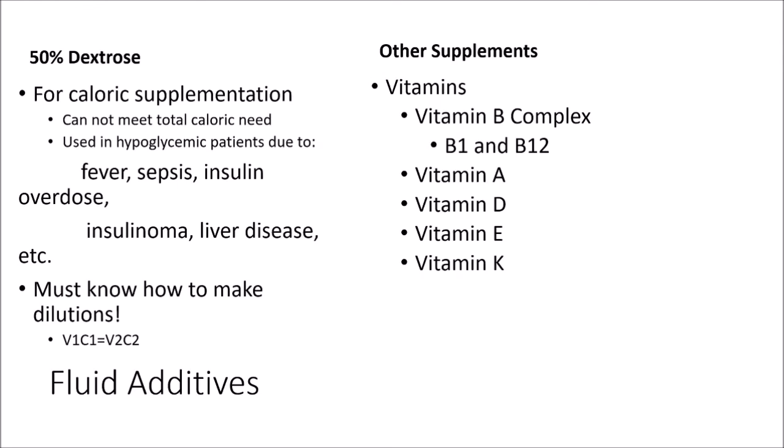So if we are looking to make something with a very high concentration, like 50%, into a lower concentration, like 5%, and we know how much we need of that 5% solution to give, say it's 30 mils, then what we need to do is solve for the volume of the first solution that we're going to give.